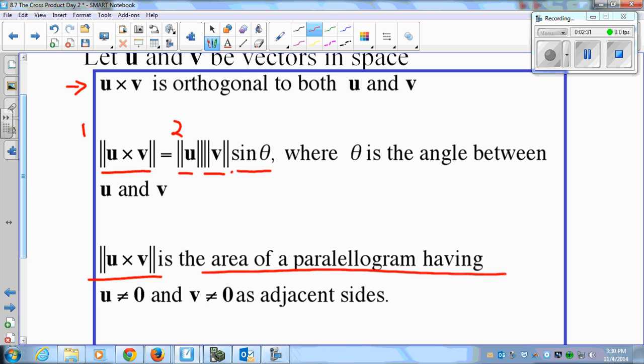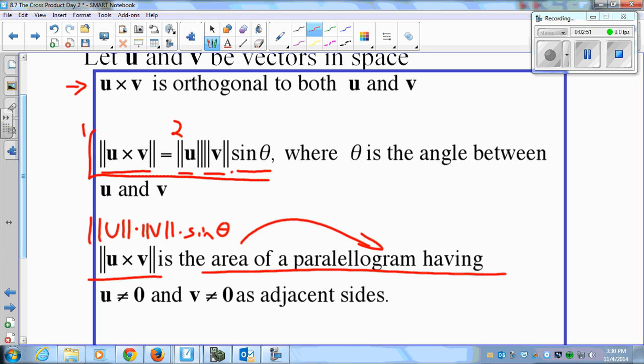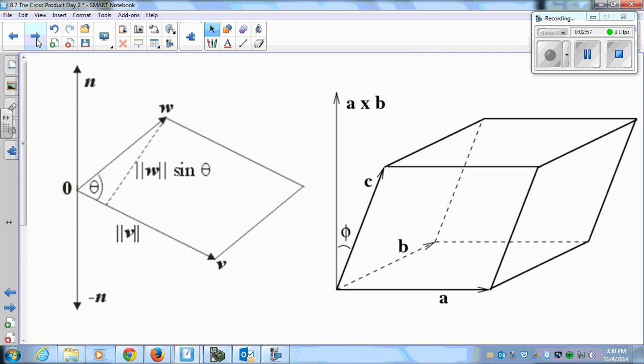So that also means not only that the magnitude of U cross V is the area of the parallelogram, but also the magnitude of U times the magnitude of V times the sine of theta is a way we can find the area of the parallelogram, because of this equivalence statement here. Let's go ahead and look at an example of finding the area of a parallelogram.